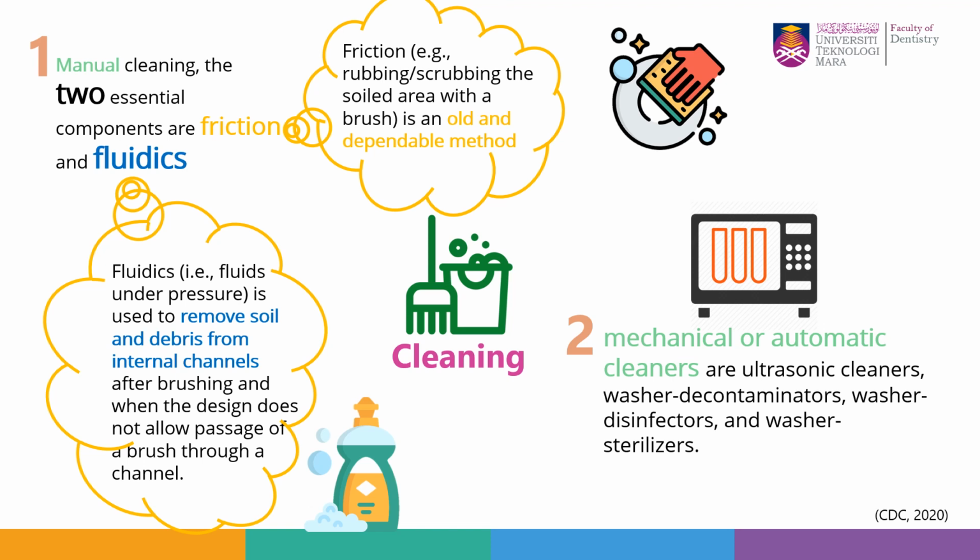You can find these machines in our clinic or in the central sterilization department in every hospital. It is very vital for us to use these machines because they help us in many ways. So these are the two types of cleaning that we need to remember: one is manual, the other one is mechanical or automatic cleaners.